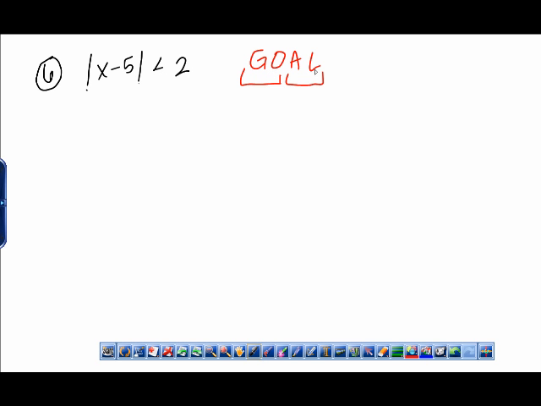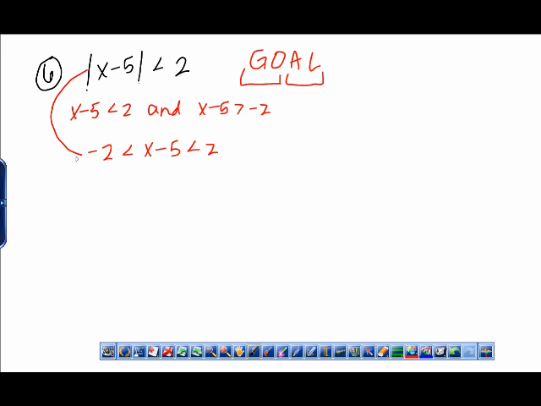If you have a less than, that's an and statement. So this is an and statement, and what this is actually saying is x minus 5 is less than 2, and x minus 5 is greater than, and then you switch it like we do with the equations, greater than negative 2, which is the same thing as negative 2 less than x minus 5 less than 2.